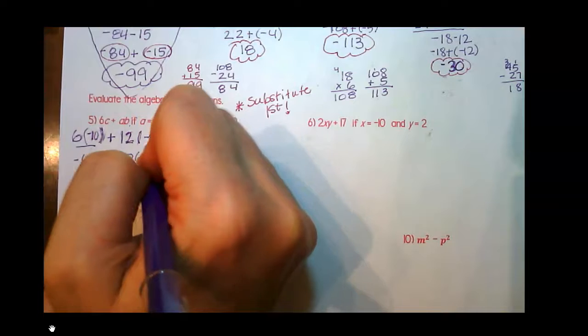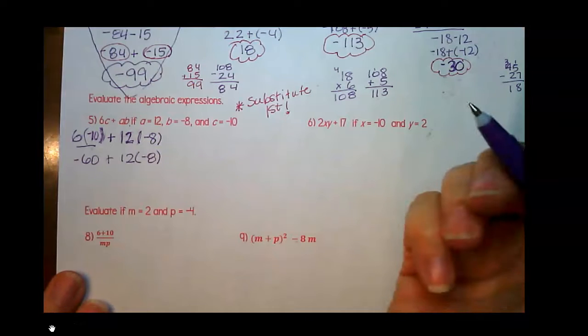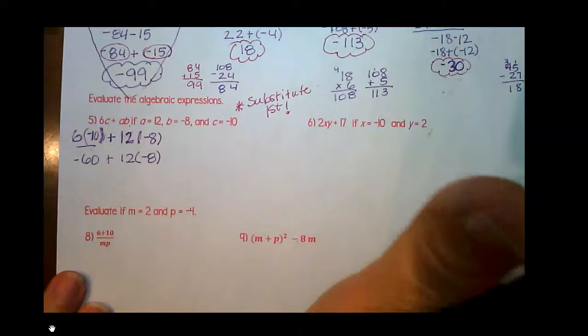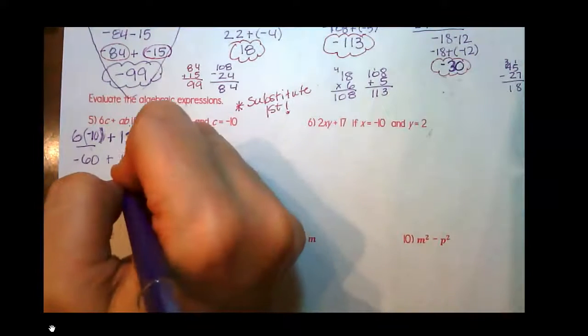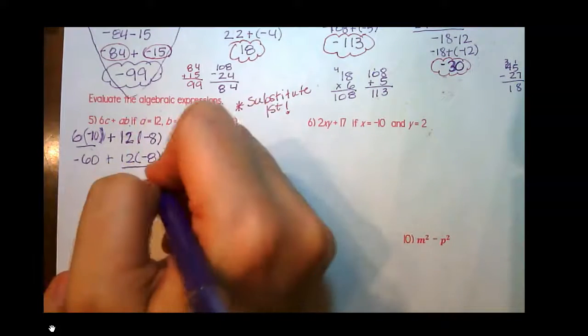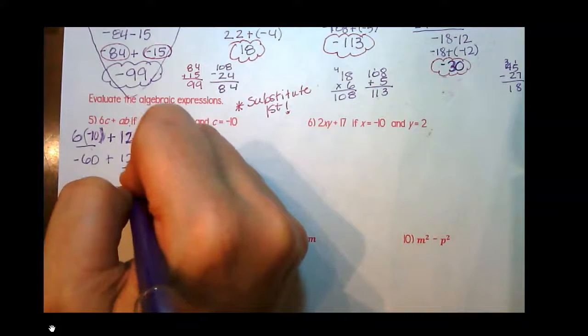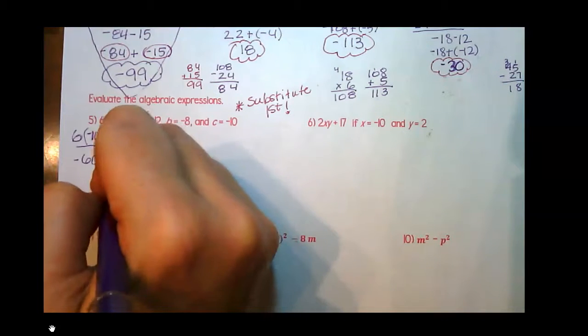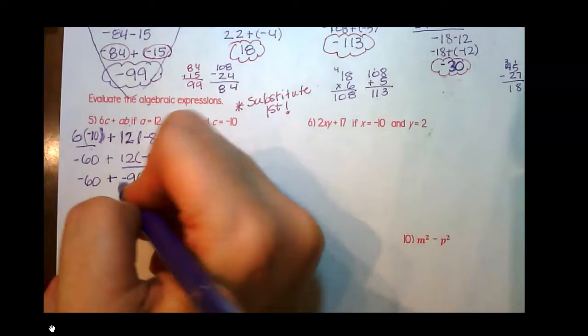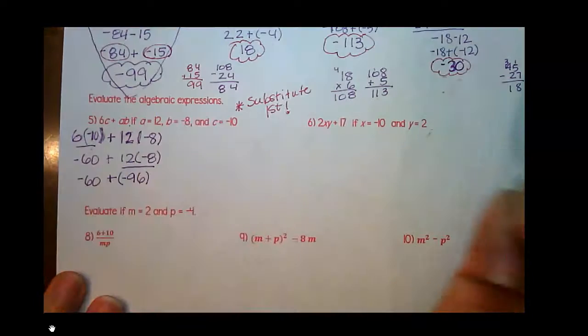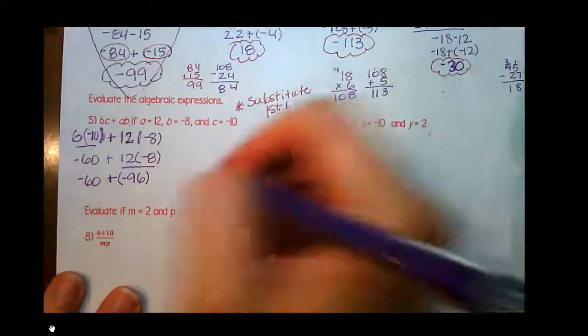Only do one step at a time. I know you're bright and you want to do everything in your head, more than one thing at a time. Please don't. It doesn't take much more work. It eliminates a lot of careless mistakes. And then a negative 8 times 12 is a negative 96 plus a negative 60. And if you look at that, we need some parentheses. These are the same sign.